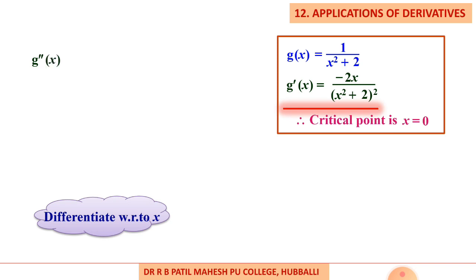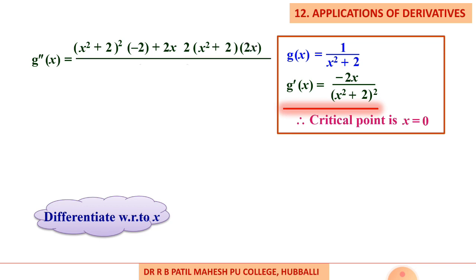We will get g double dash of x equal to, by using the u by v rule, x square plus 2 whole square into the derivative of the numerator, that is u dash, the derivative of minus 2x is minus 2, so into minus 2, plus 2x into 2 into x square plus 2 into 2x, then the denominator is x square plus 2 whole square.